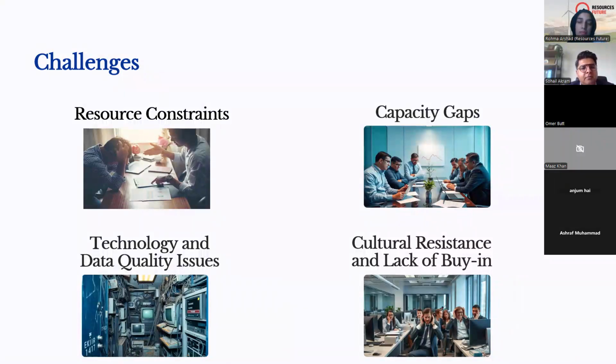Then there's a lack of modern systems to capture data, to aggregate data. That's also going to be a challenge for organizations and companies in Pakistan. And another key challenge could be the hurdle of overcoming the deeply, I would say, profit-centric mindset, and developing an organization-wide commitment for sustainability reporting.